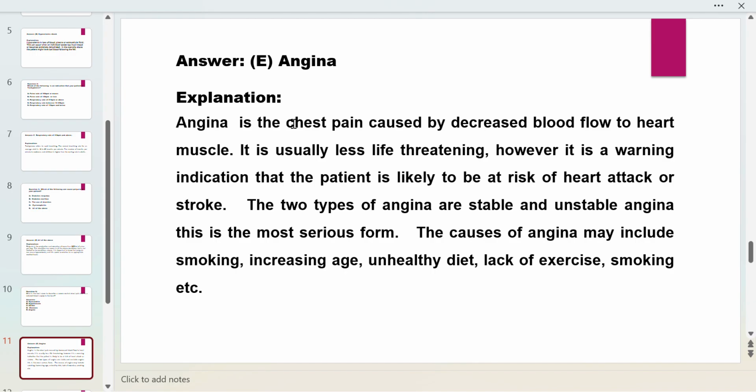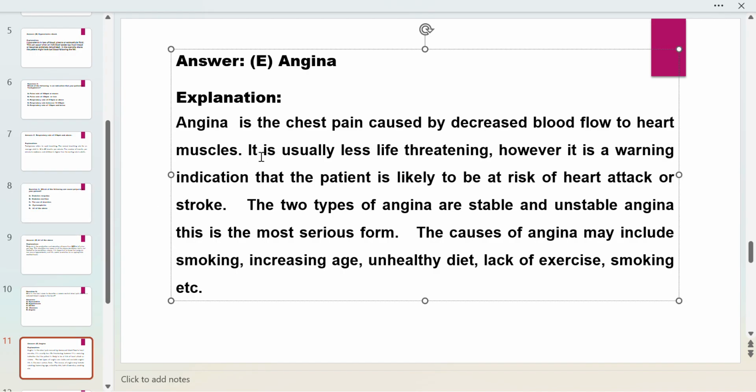Explanation, it says angina is the chest pain caused by decreased blood flow to the heart muscle. It is usually less life-threatening. However, it is a warning indication that the patient is likely to be at risk of heart attack or stroke. The two types of angina are stable and unstable angina.